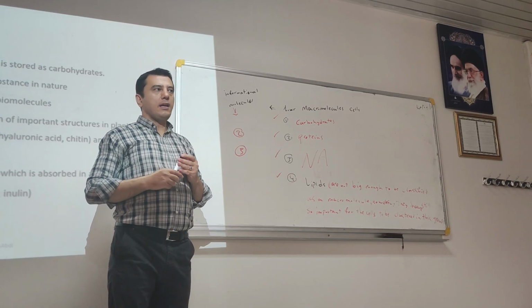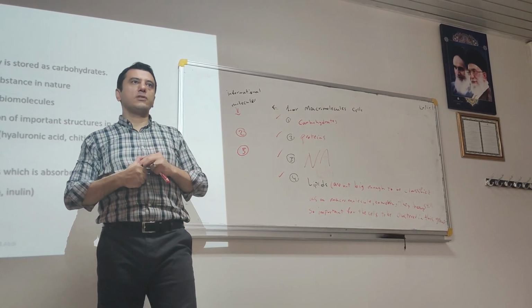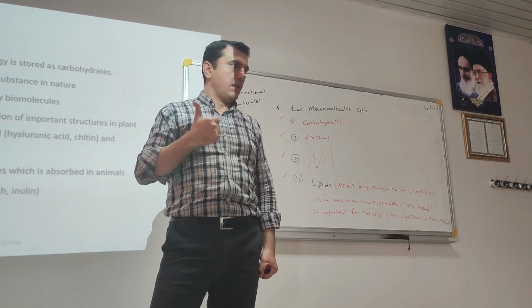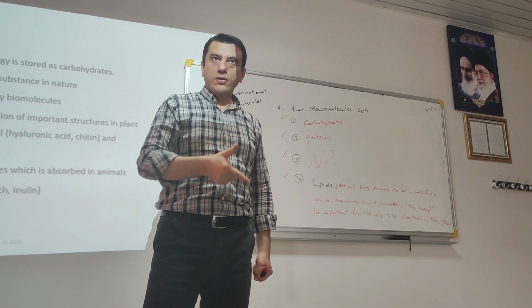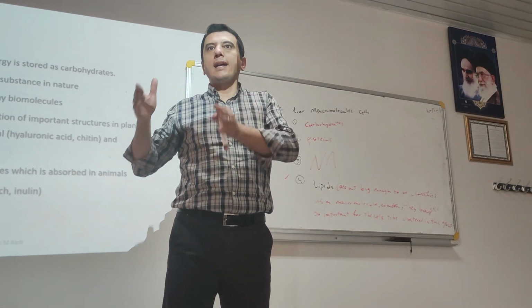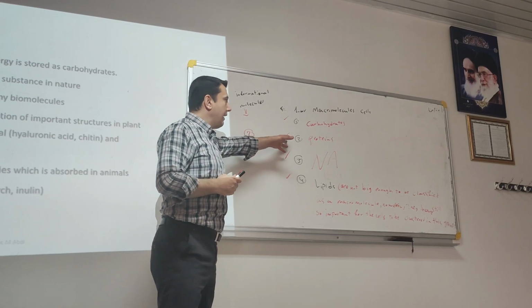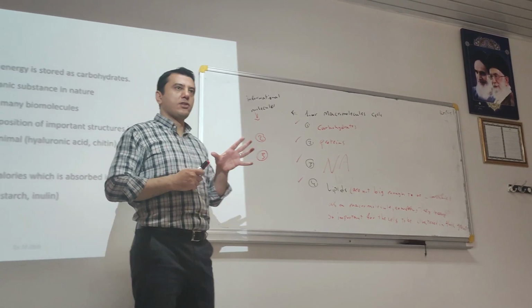The other informational molecules are proteins because they are produced from DNA. DNA codes proteins. Therefore, proteins are produced according to a specific code, so they store some information in their structure.